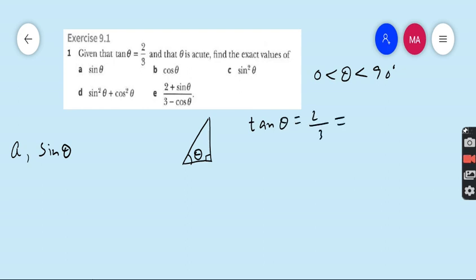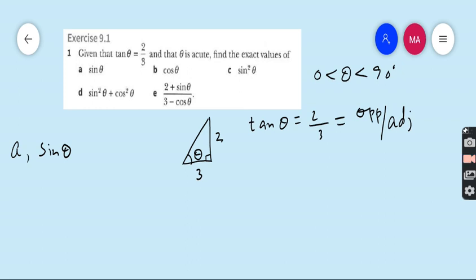And what is the formula of tan theta? Opposite upon adjacent. What is the opposite of theta? 2. What is the adjacent of theta? 3. So this is the value of tan theta, which is equal to 2 upon 3.